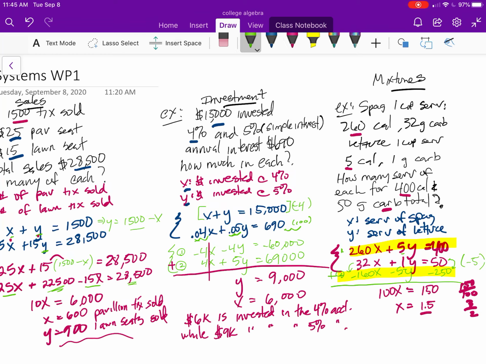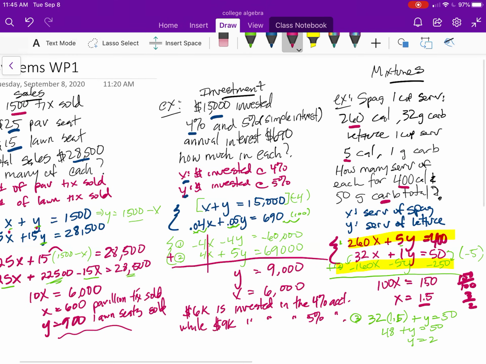Okay. Let's finish this up. Equation 2, we know x is 1.5. I'm going to use equation 2, it's a little easier. 32 times 1.5 plus y equals 50. So this is 48 plus y equals 50. Y equals 2.